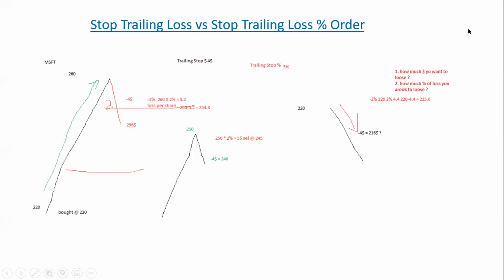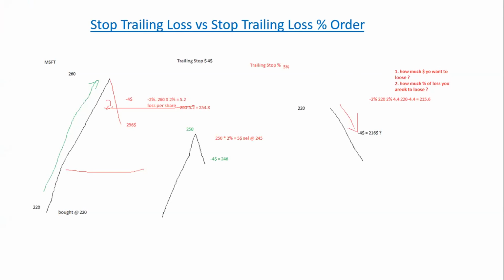This stop trailing loss, there is another version too, which is the stop trailing loss percentage order. So like I mentioned right here, the first one, the stop trailing loss, has you set the price, how many dollars you want to lose for this trade, right?